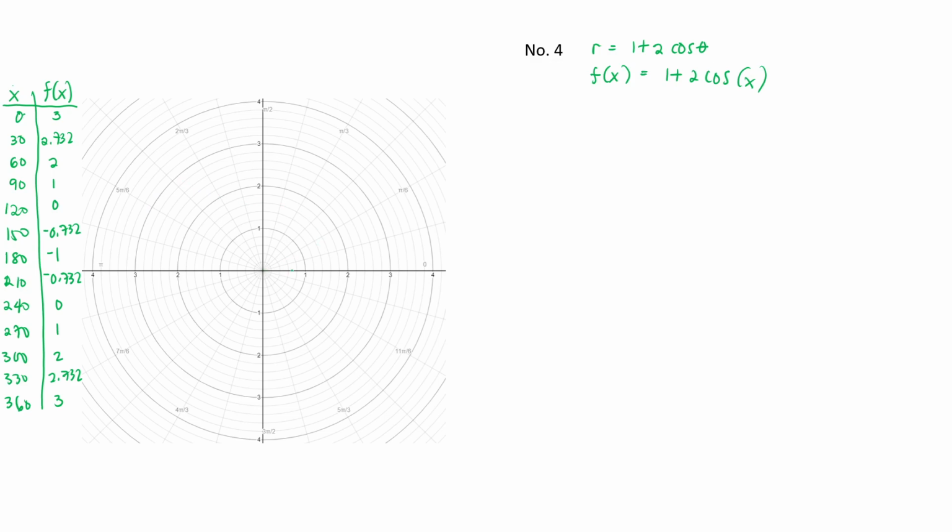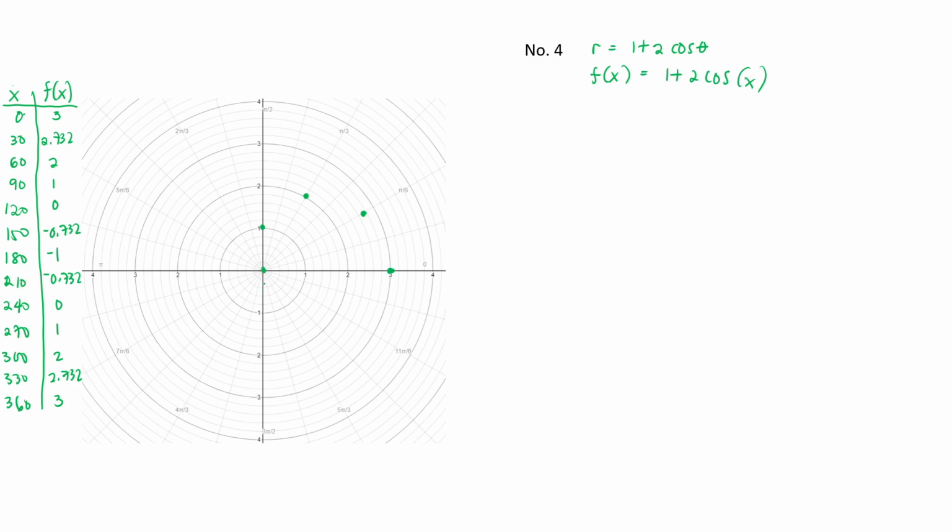Starting from the 0 angle plane, or the x-axis, that is 3. Then 30 degrees is 2.7, so let's say this is 2.7. The next is 2, and then 1. Then 0 for 120 degrees.